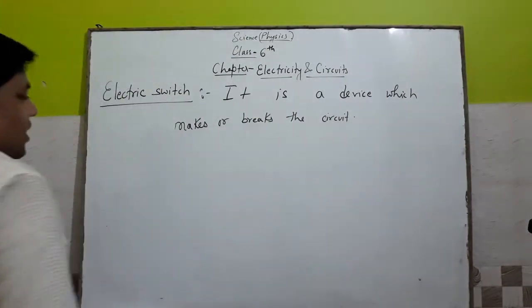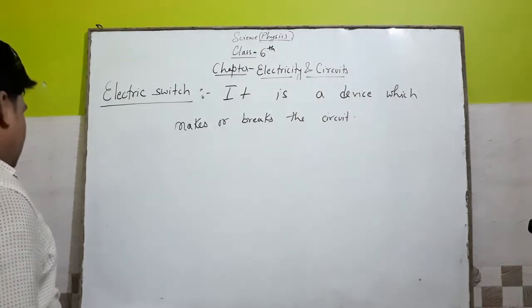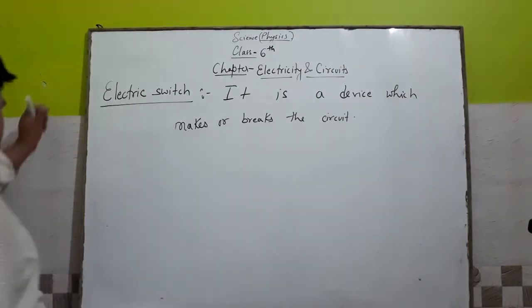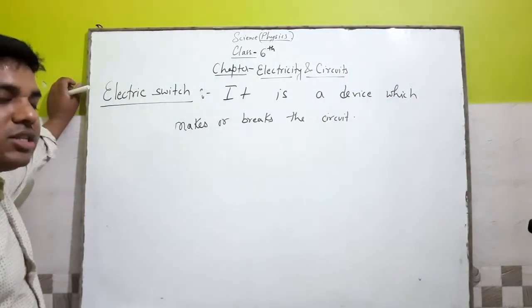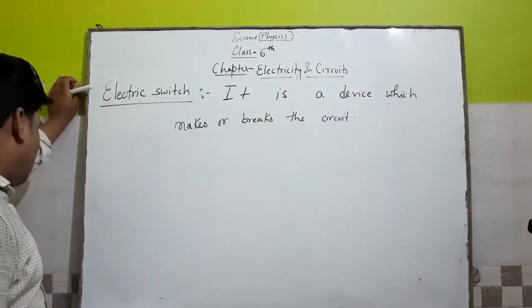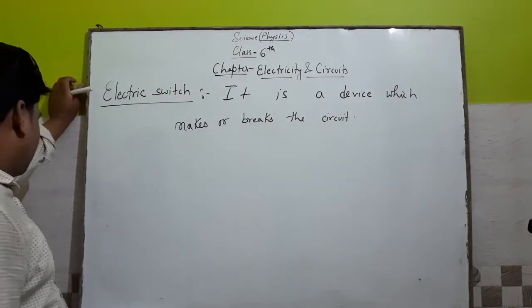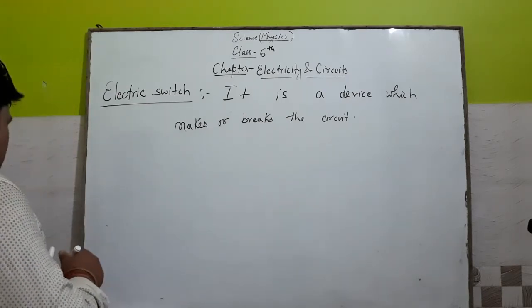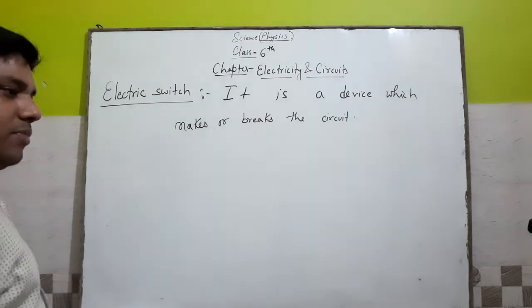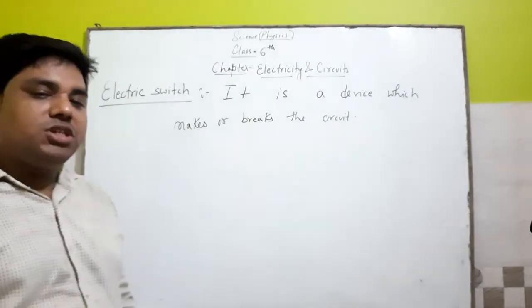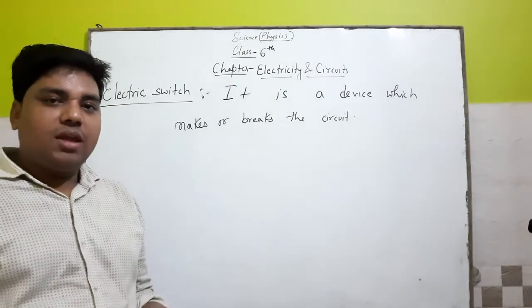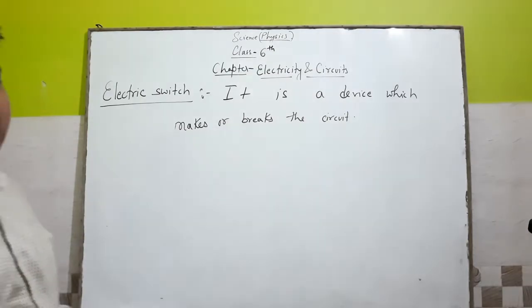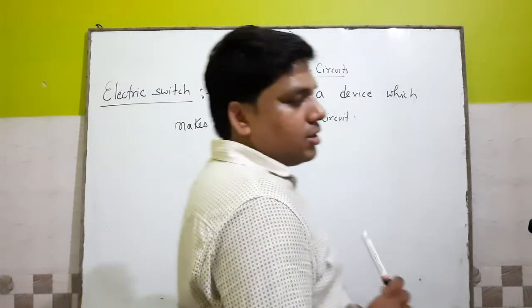The on-off mechanism of any electrical circuit is controlled by what? It is controlled by the switch. When the switch is in the off position, the circuit is open, and in that condition the current is not flowing in the circuit.